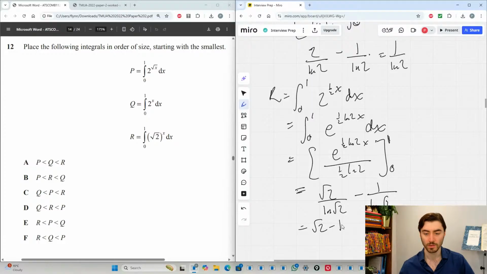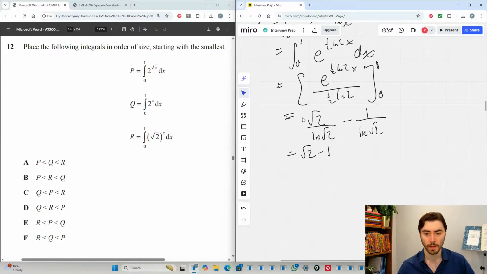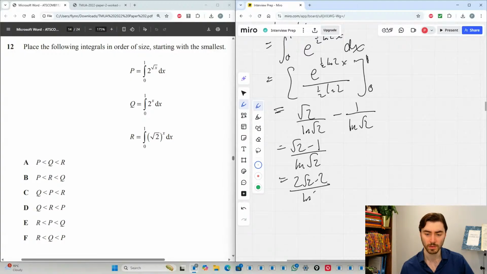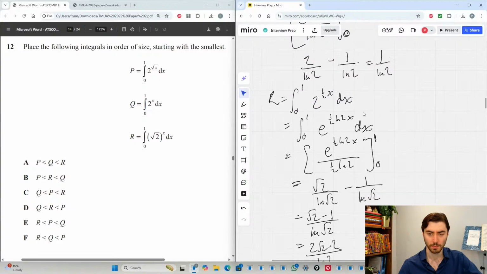So it's root 2 minus 1 all over ln of root 2. Or rather, let's keep the half out. Let's multiply top and bottom by 2. So it's 2 root 2 minus 2 all over ln 2. Okay, so let's compare these.